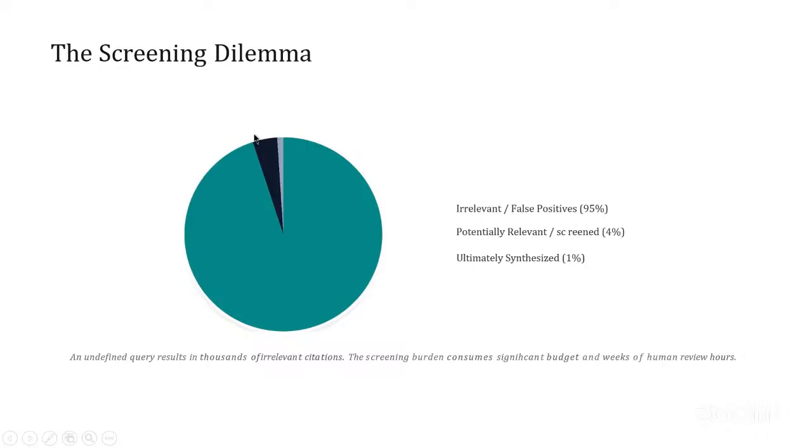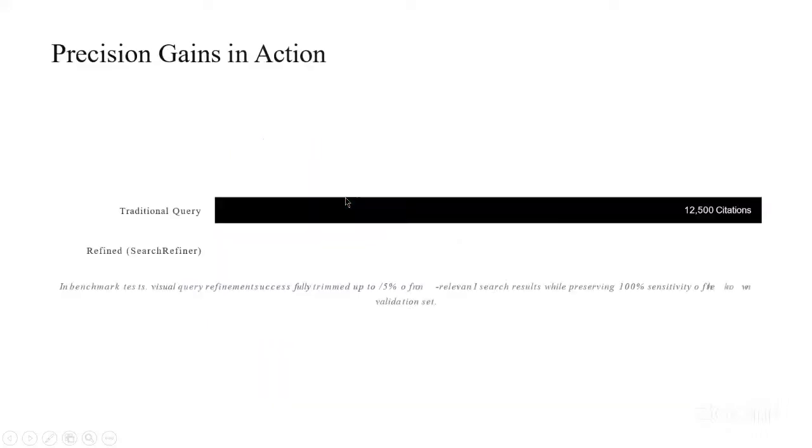This is what made Search Refiner very famous, because you can cut out 75% and save a lot of time. The thing with AI and machine learning is people always have this feeling that they're compromising integrity or missing out on a few studies. But the developers proved that you can keep all the studies that are relevant while cutting out the irrelevant studies. So it's kind of completely foolproof in a way.